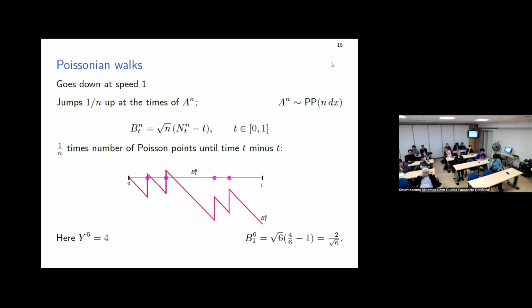In this case, I am taking Poisson process 6, so you divide by 1 over 6, and this should converge to 1, but then I multiply by square root of 6. So it is 1 over n times the number of Poisson points until time t minus t, all of this multiplied by the square root of n.